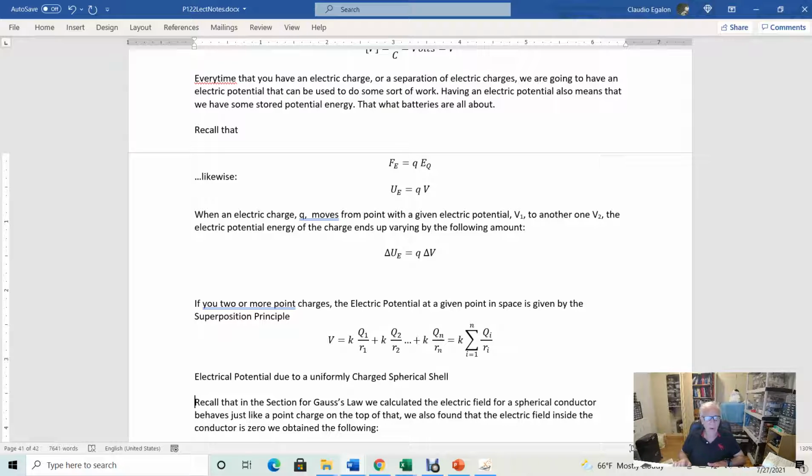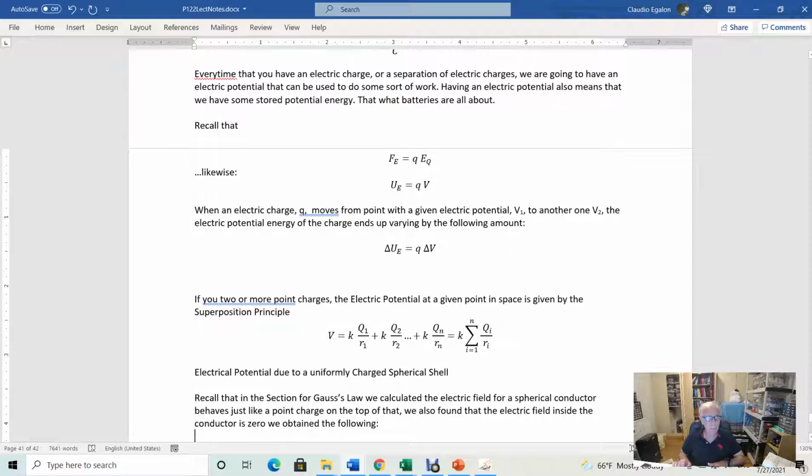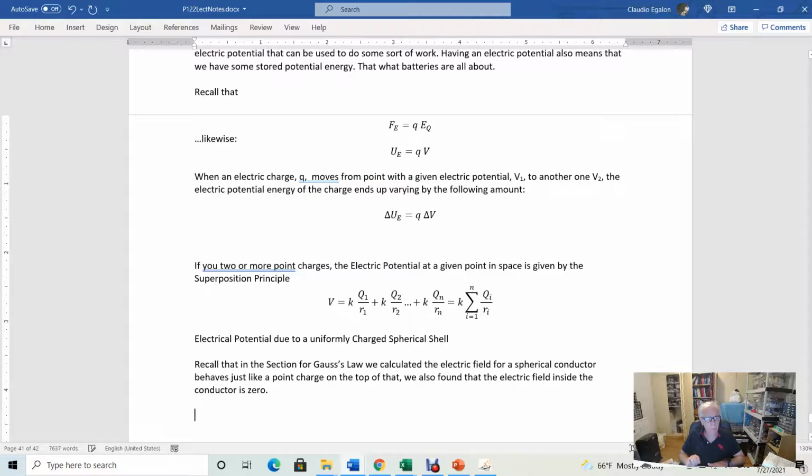For the spherical shell, the electric field outside behaves just like that of a point charge. Remember that? And inside, because there was no charge inside, the electric field had to be zero.